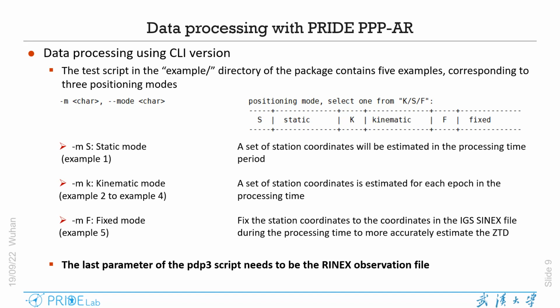The fixed mode fixes the station coordinates to the coordinates in the IGS daily SINEX file to improve the accuracy of ZTD estimation. So F mode can only be used for IGS stations. Note that the last parameter of PPP3 needs to be the observation file.